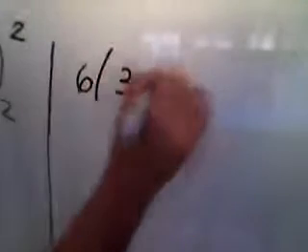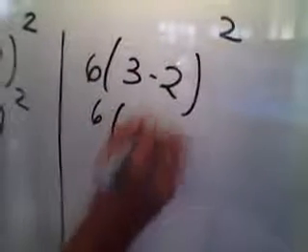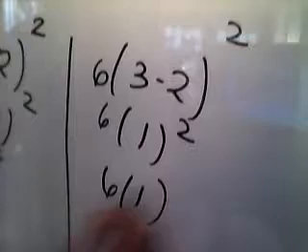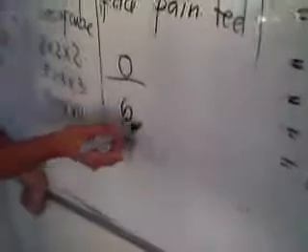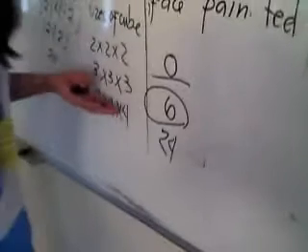Let's try a 3 by 3 by 3 size of cube. 6 times (3 minus 2) squared. 3 minus 2 is 1, squared equals 1. 6 times 1 is equal to 6. So it satisfies our formula, which has 6 cubes with one face painted for a 3 by 3 by 3 size of cube.